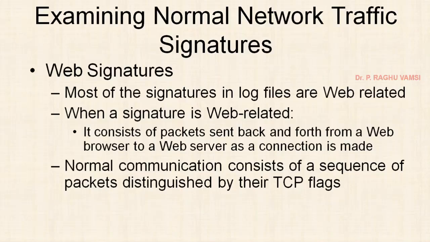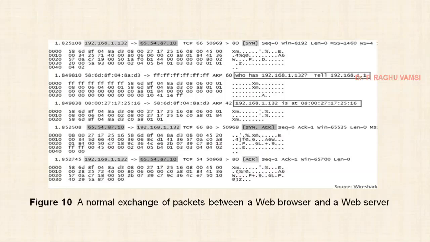The normal communication consists of a sequence of packets distinguished by their TCP flags. Here is an example. 192.168.1.132 is sending a request to 65.54.87.10, which is a public IP address. That is the HTTP request, so port 80 is going to be linked. For this, a SYN signal was sent.